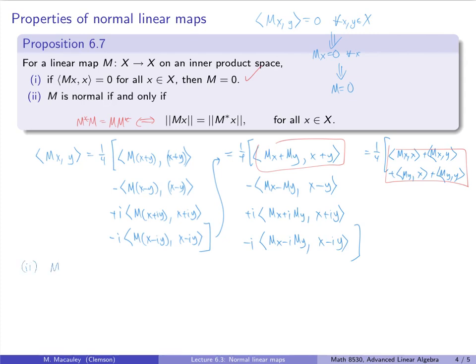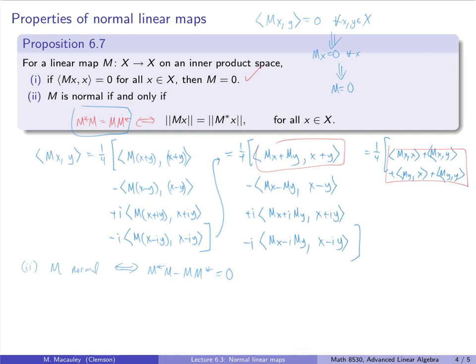So M being normal is the same thing as M star M minus M M star being equal to 0.